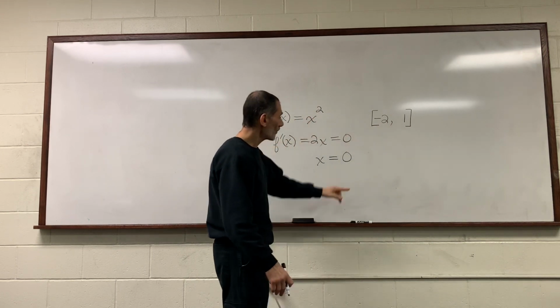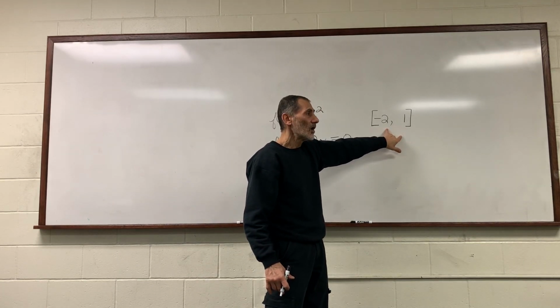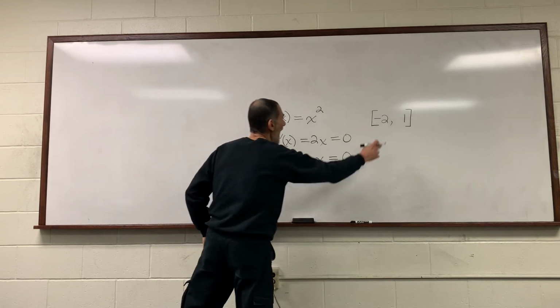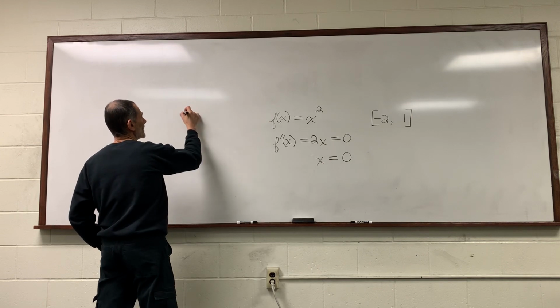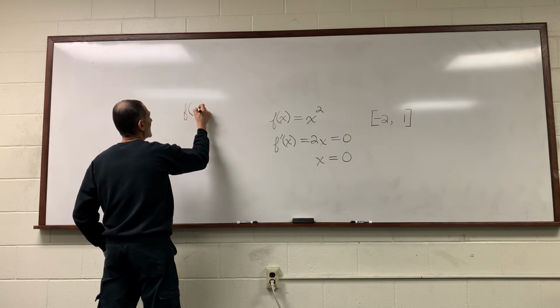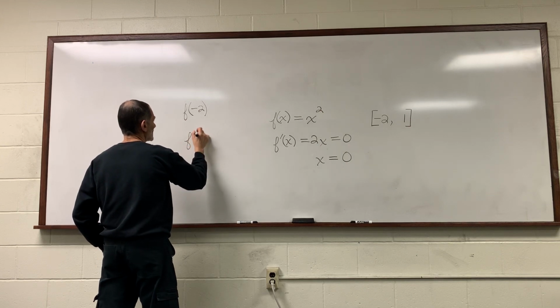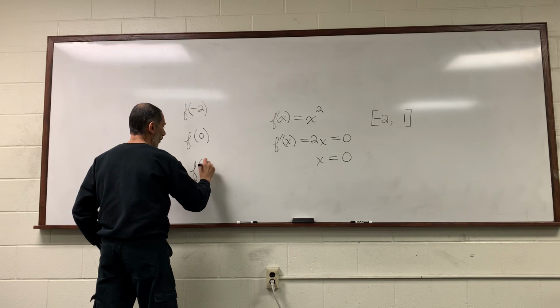So, now that we have the critical number and the given endpoints, all we need to do is evaluate the function at those three values of x. So we need to take f of -2, f of 0, the critical number, and f of 1.